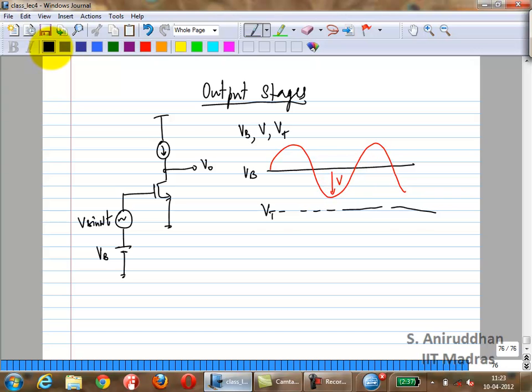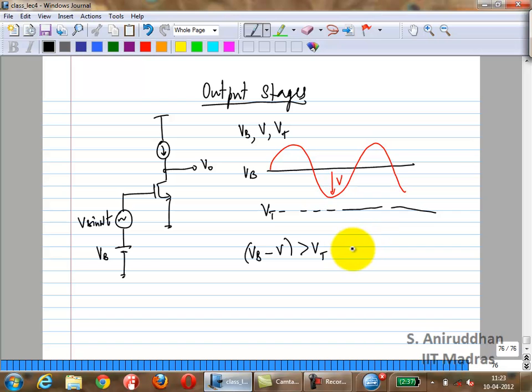So for the transistor to be on all the time, you can get a condition between these three voltages. What is the condition? This is one way to put it, right? VB minus V should be greater than VT, right? So that at the lowest extremity of your input voltage, your transistor is still on.